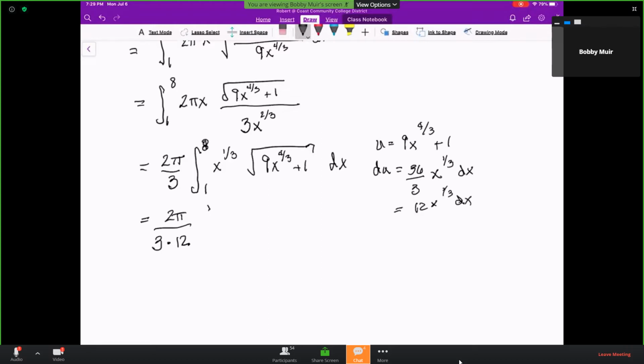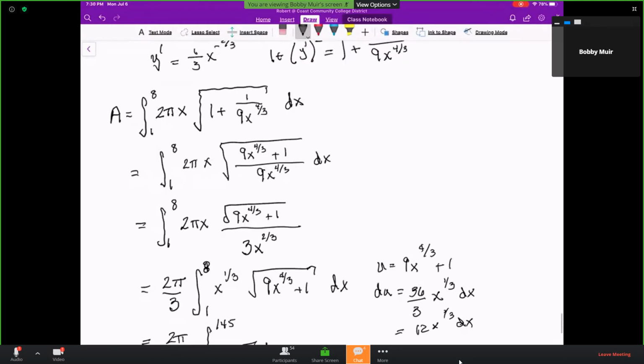Okay, and then the bounds of integration, when x is 1, u is 10. When x is 8, cube root of 8 is 2. 2 to the 4th is 16. I still get this 145 thing, square root of u du. And this simplifies to pi over 18 times the integral from 10 to 145 square root of u du.